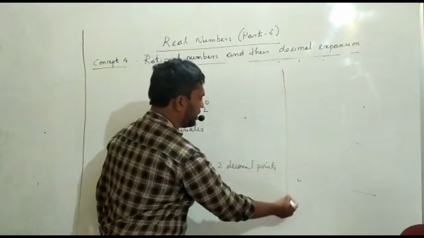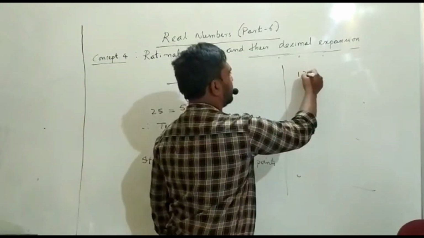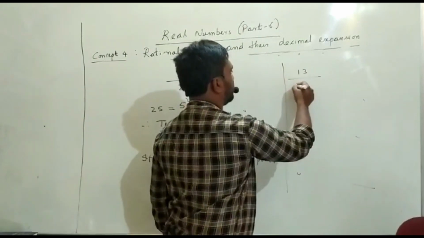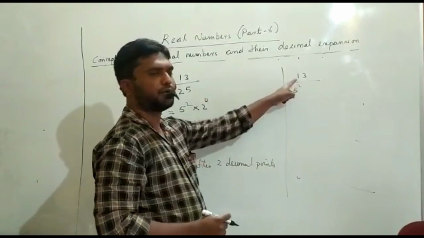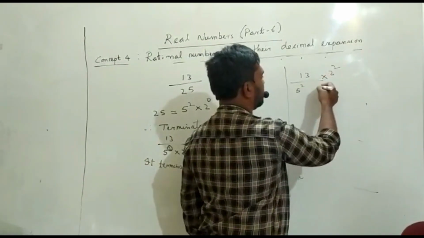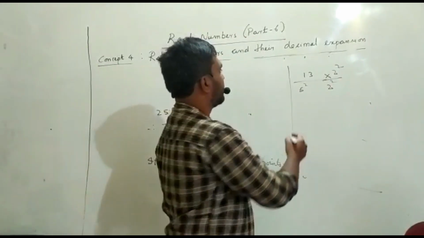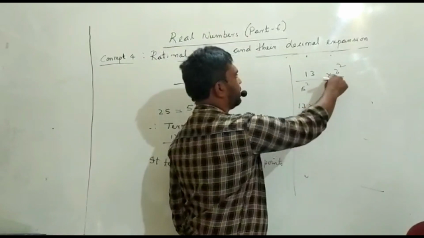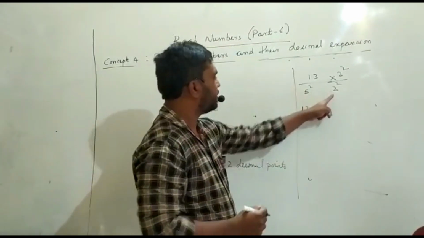If you want to write it in the form of a terminating decimal, what do you do? 13 by 5 square, 5 to the power of 2 is there, multiply by 2 square and divide by 2 square. 13 into 2 square becomes 4, 5 into 2 is 10.